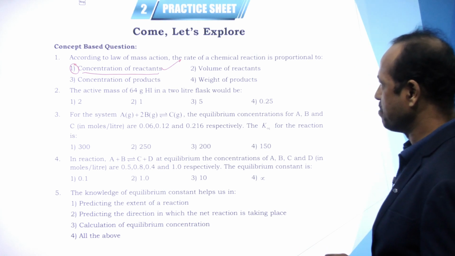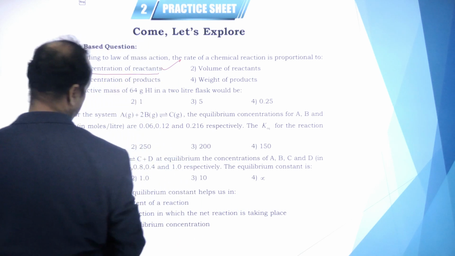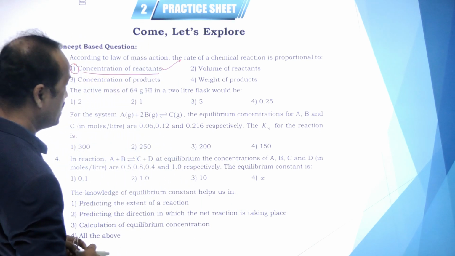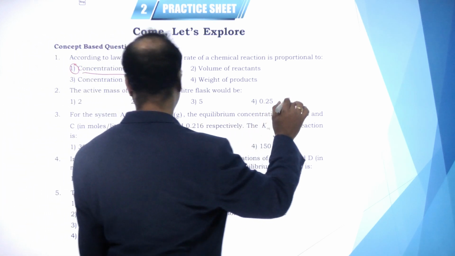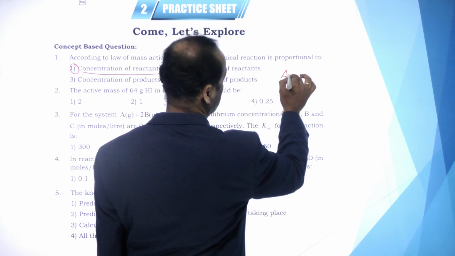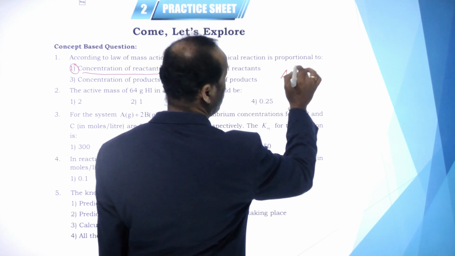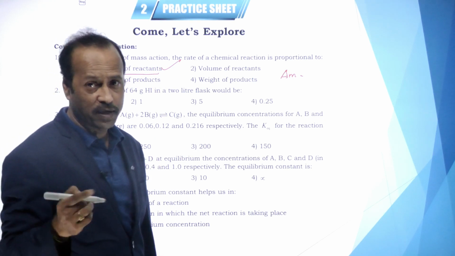The second one: the active mass of 64 grams of hydrogen iodide in a 2 liter flask would be? This is a numerical. Already I said the active mass formula: active mass is equal to number of moles per liter.